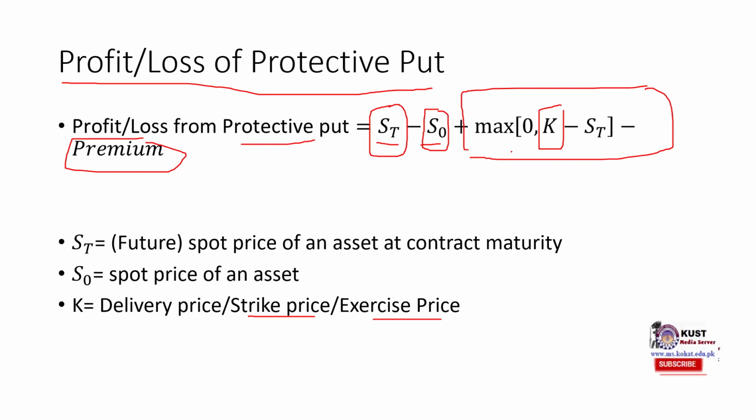So we have used the formula of a long put option and the selling price minus the buying price, because we have two parts in protective put. We own the stock, so the profit or loss of owning the stock would come from selling minus buying price. And then we have a long put, and the profit or loss of the long put would come from this formula that we have discussed in our introductory chapters of option contracts.